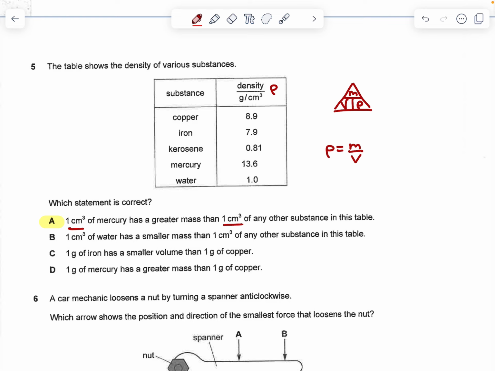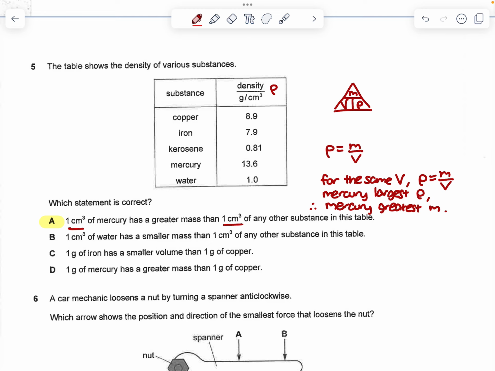And that's correct because for the same volume, using the formula rho equals m over v, mercury will have the largest density. Since mercury has the largest density, it will have the greatest mass.